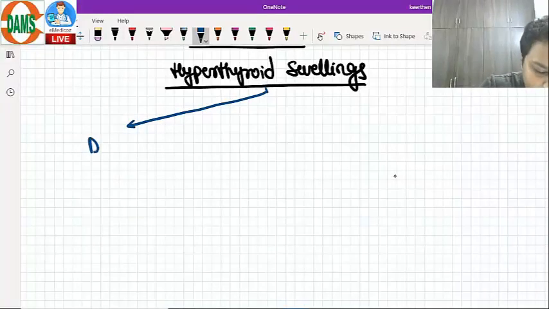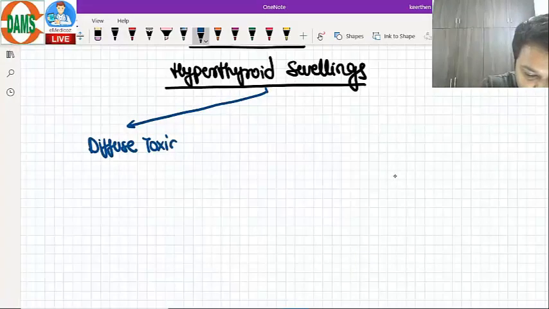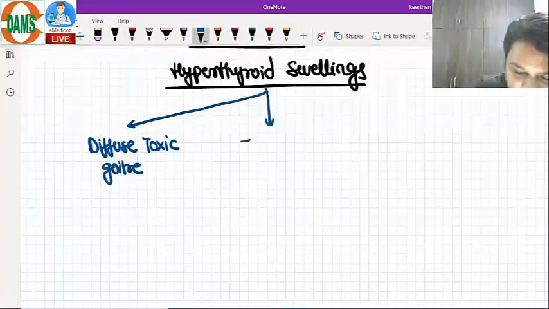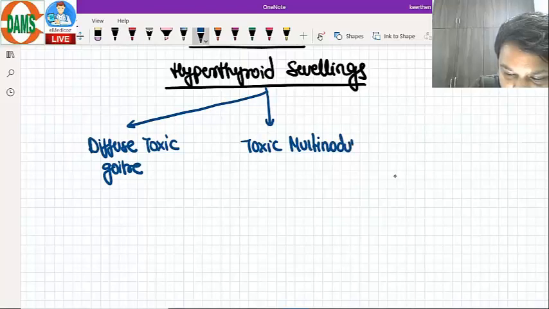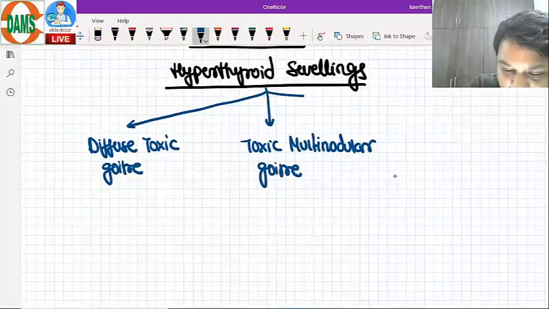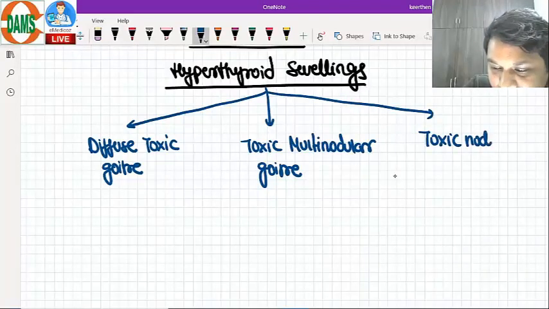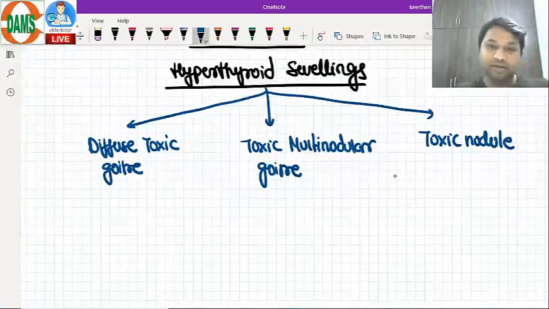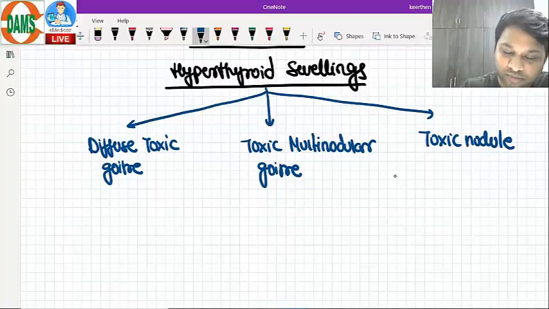One is called the diffuse toxic goiter. Another one is toxic multinodular goiter. And the last one is toxic nodule. Okay.